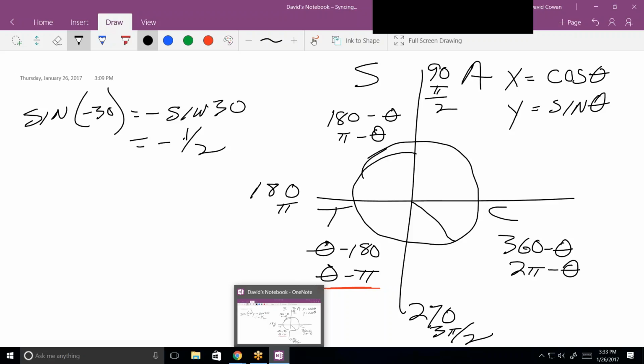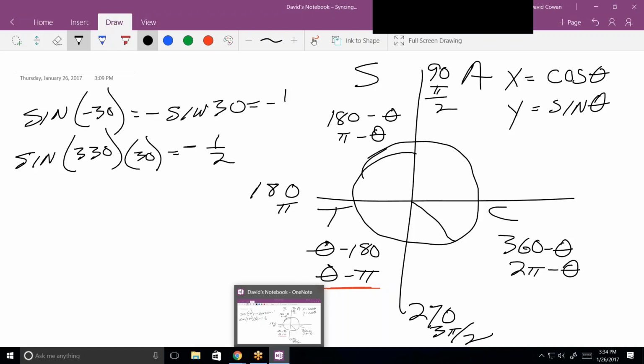Very fast. And just as a reminder, let me do it the slow way. The slow way would be to figure out that the sine of -30 is the same as the sine of 330. And then reading that as 360 minus theta, that's the same as the sine of 30, so I get my 1/2, and then I figure out it's in the fourth quadrant, so it's got to be negative. So I get to the same answer doing it either way. It's just that this way is at least one step faster.